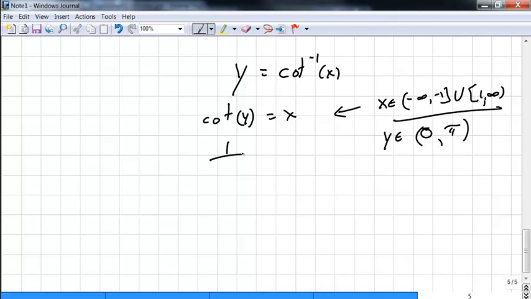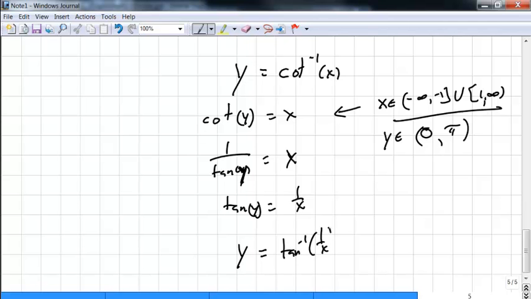Okay, so we could try to do this like we did before. 1 over tangent of y equals x. So tangent of y equals 1 over x. Everything's going just fine, but we run into a problem when we try to do y equals inverse tangent of 1 over x.